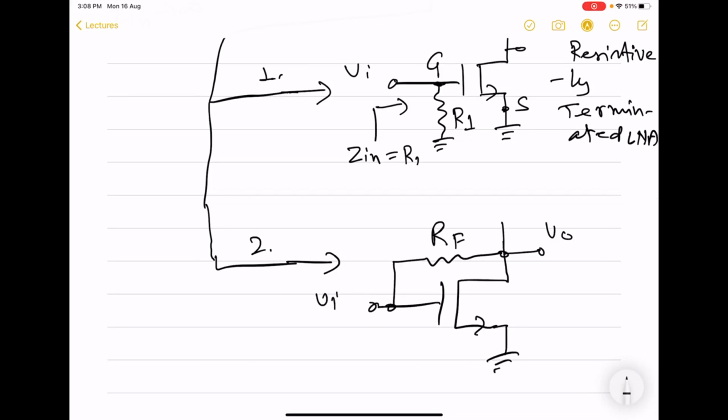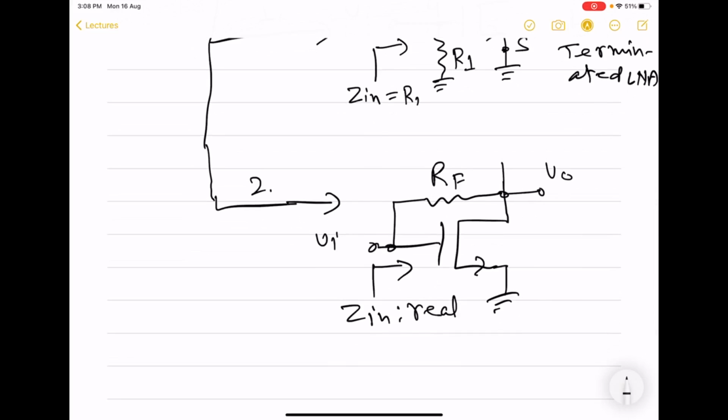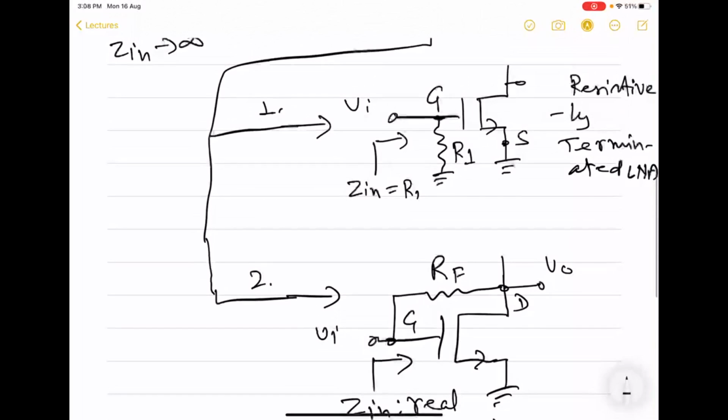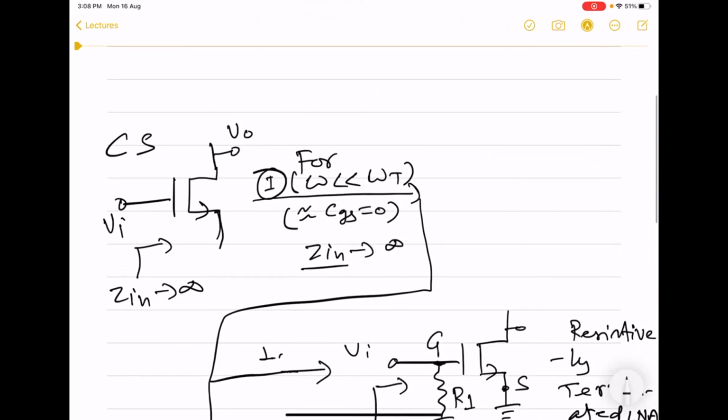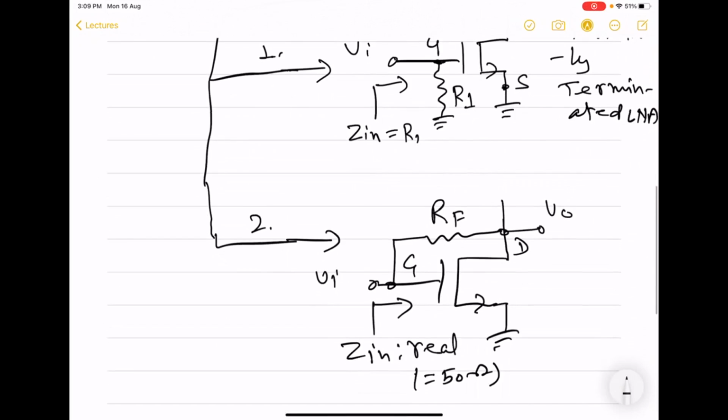Input will be here. And in this case also, Z in turns out to be real. And this we will derive later on. Then, of course, it can be made equal to 50 ohm also. So here we have gate and drain and a resistor connected between these two. So these are the two ways in which we can modify this common source amplifier into LNA with 50 ohm impedance, and this will be when operating frequency is low.